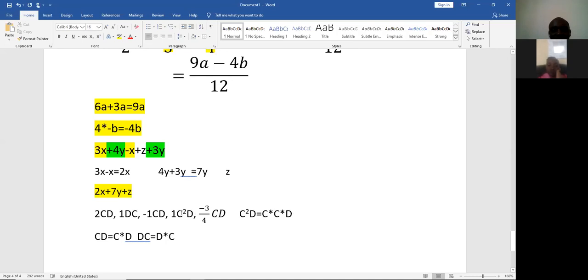So in simple terms, this is an unlike term, but all the others are like terms: 2CD, 1DC, negative 1CD, and 3/4 CD. All those are like terms, and this is an unlike term. You need to understand that so that you can move on.